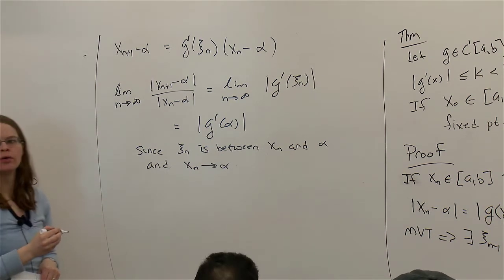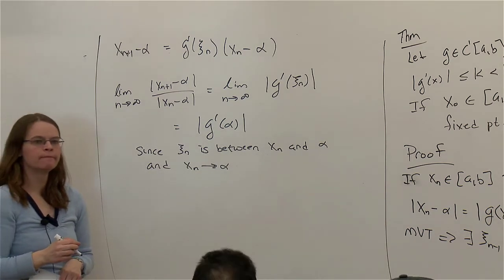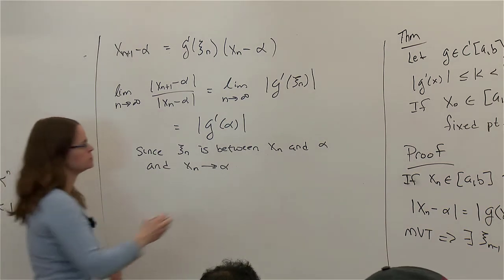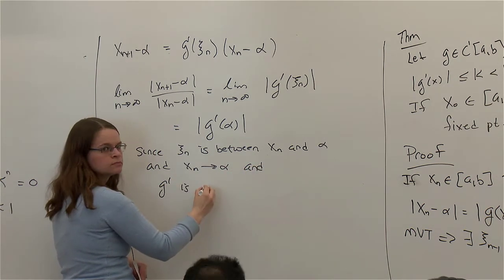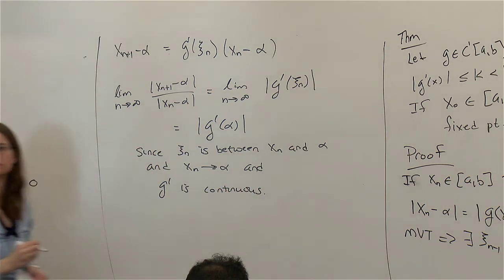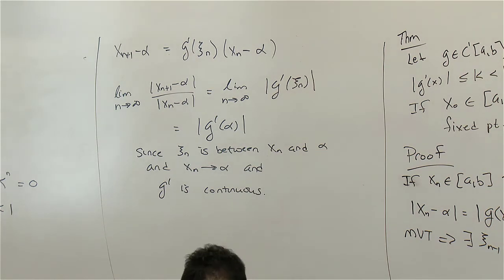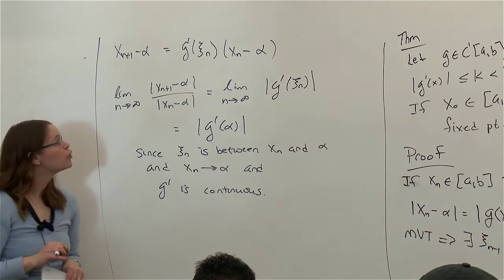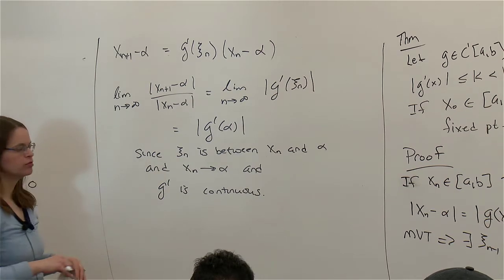And what else do we know? We know that G prime is continuous. Okay, so this in general is indeed linear convergence.